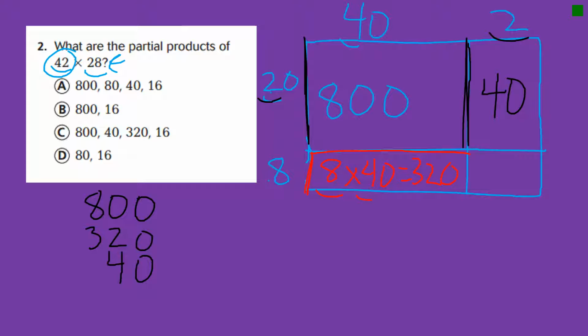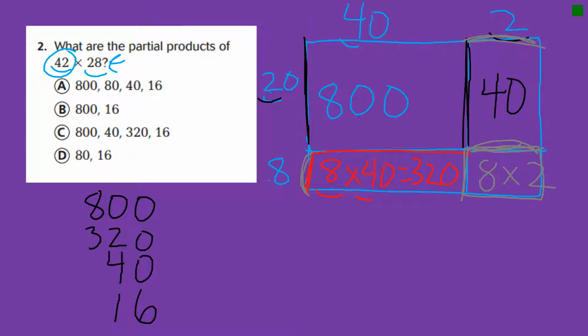And then ring-a-ding-ding, this little guy. Okay, remember 8. Find that parallel line. Rows of 2. What's 8 times 2? 16. You don't even have to add these, boys and girls, because all they wanted you to figure out was the list of partial products.